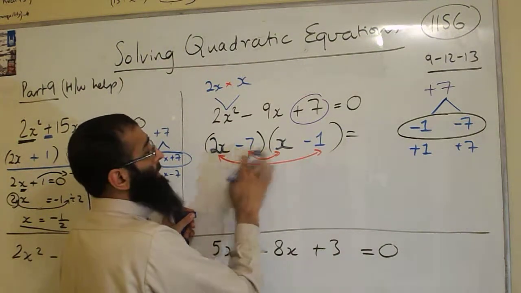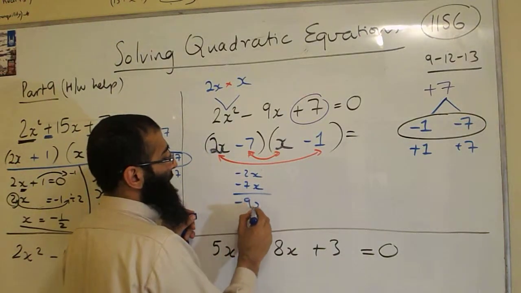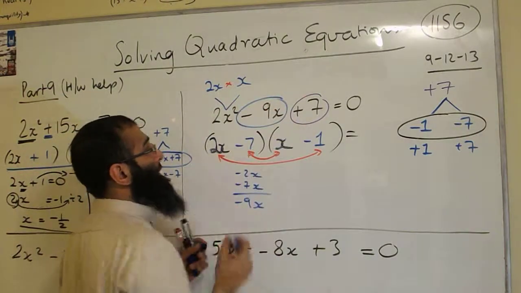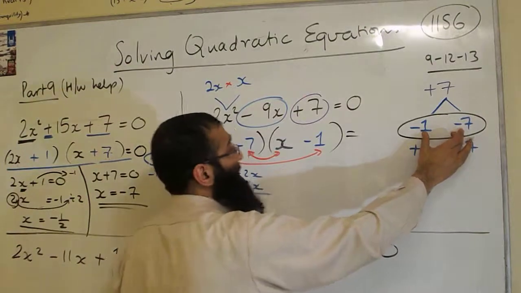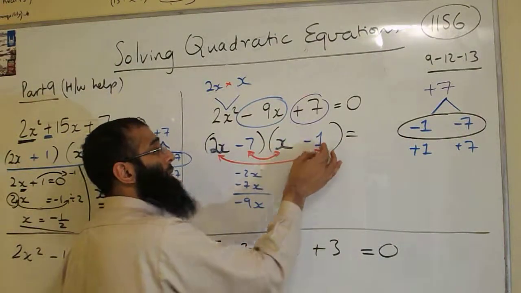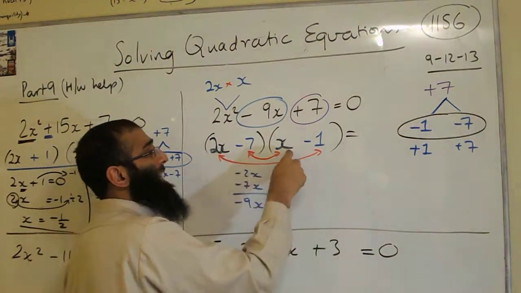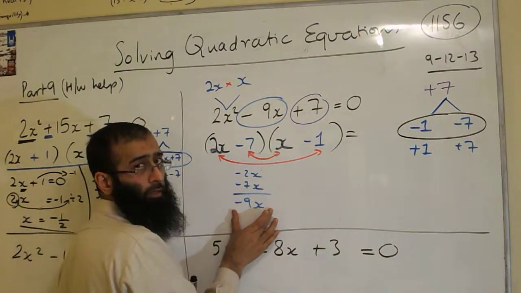Minus 7 times x will give you minus 7x. Altogether that gives us minus 9x, which matches what we need. So now, not only have we chosen the correct factor pairs, we've put them in the correct position. The minus 1 must go opposite the 2x when we're multiplying, and the minus 7 must go opposite the x, to give us a sum of minus 9x.